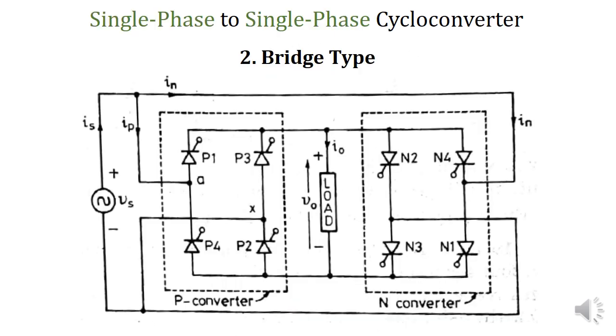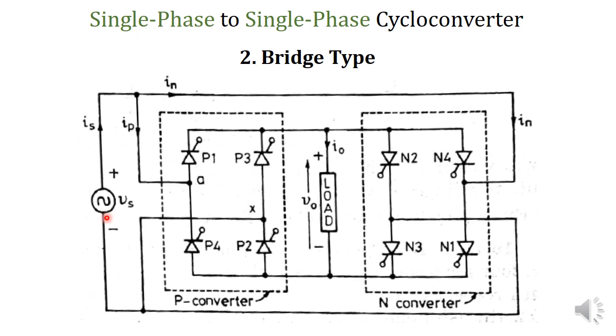Now let's see how a single phase to single phase bridge type cycloconverter works. The bridge type cycloconverter will have a positive converter and a negative converter. Since it is a single phase converter, the positive converter has 4 switches and the negative converter also has 4 switches.